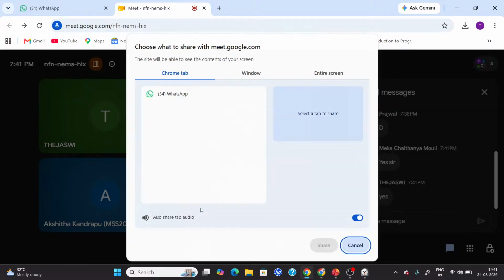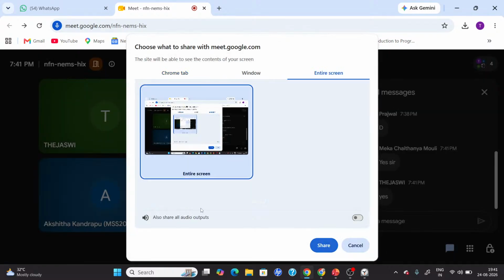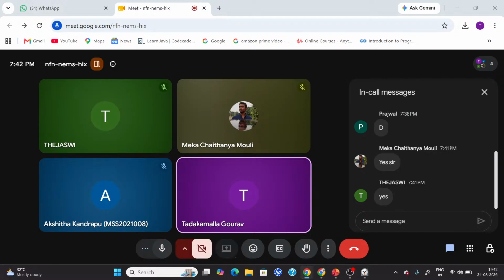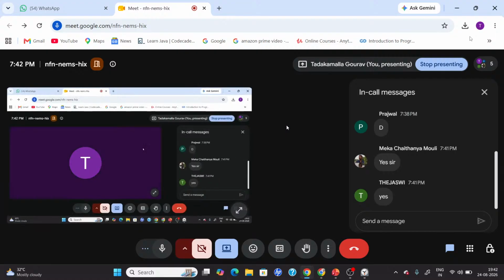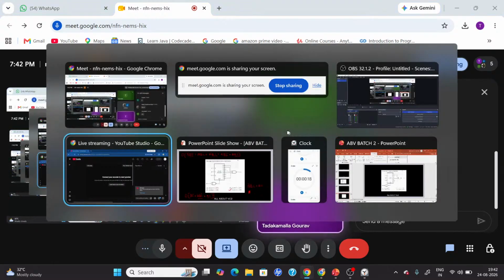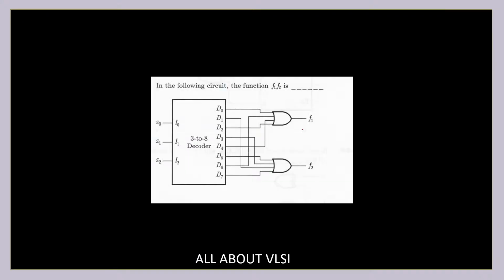So the next question, let me share my screen. Yes. So in the following circuit, they are asking for the product of the functions f1 into f2. Just try it out. What is it that you are going to get? Let me know.